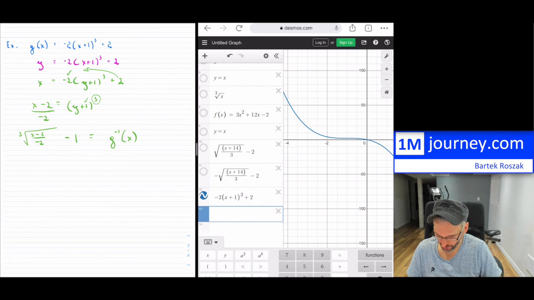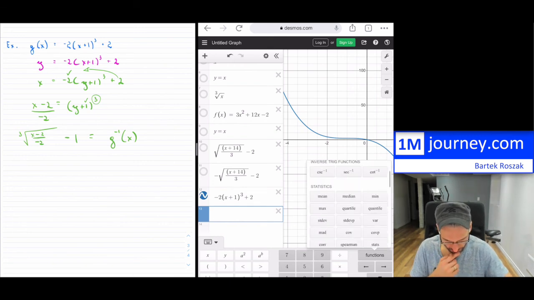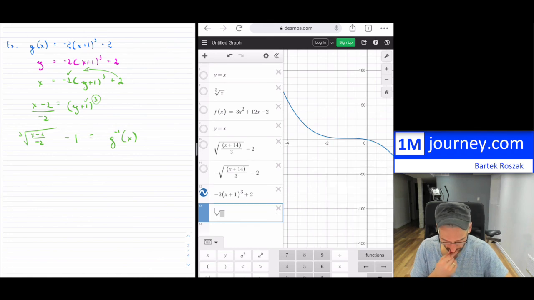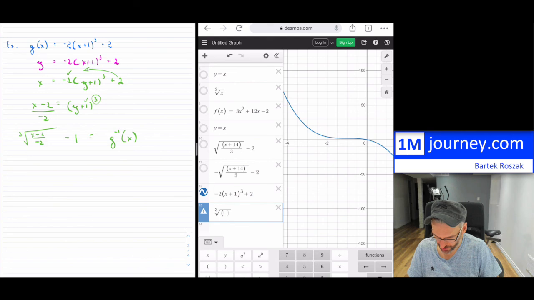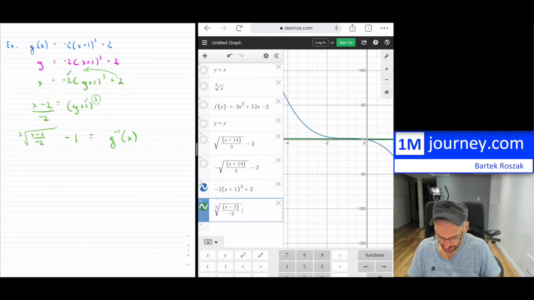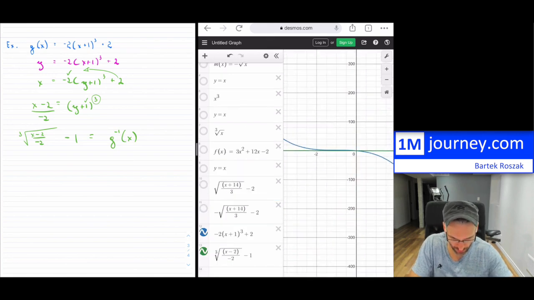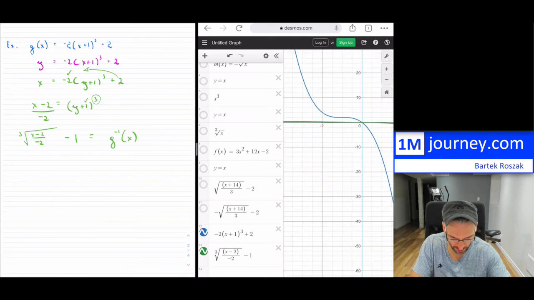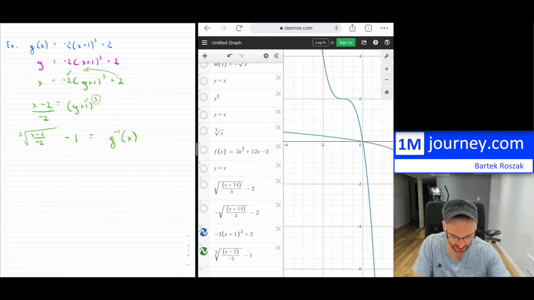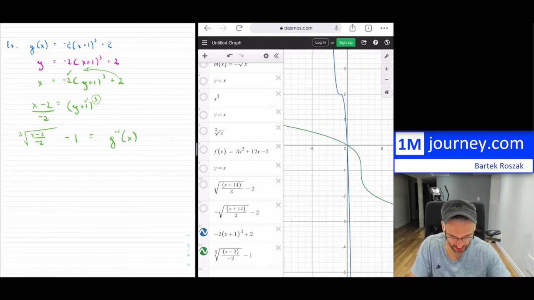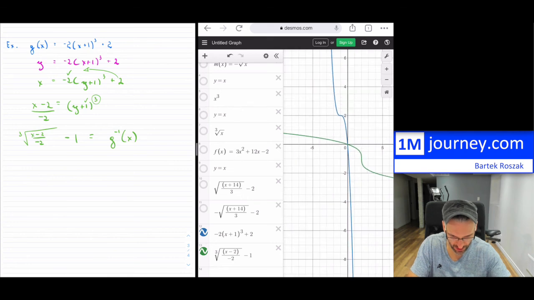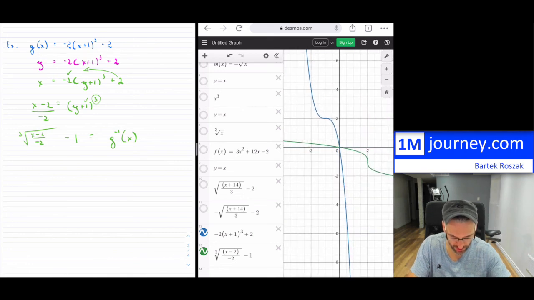The inverse, so let's do the inverse. Again, I'm going to go to the functions somewhere at the bottom. So here, this is the third. Let's put it in brackets over negative 2, and minus 1. Okay, this is not very helpful, but let's see. We have to scale it so that it shows.